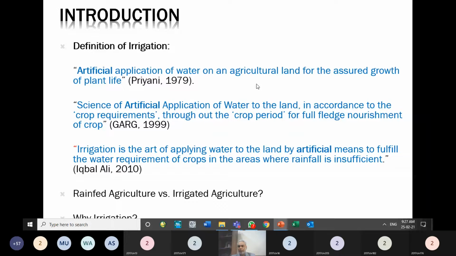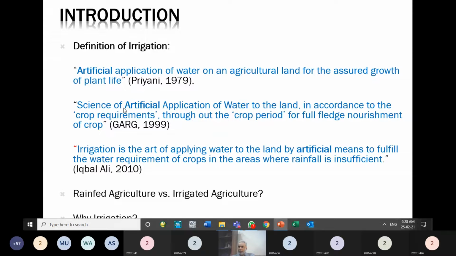Artificial application of water on agricultural land for the assured growth of plant life. So the purpose here is specified: assured growth of plant life. In the second definition, given by Santosh Kumar Garg, it is the artificial application of water to the land, and the purpose is to apply it in accordance with the crop requirement. So he constrained the definition: if you apply the water in accordance with the requirement, then it is irrigation.